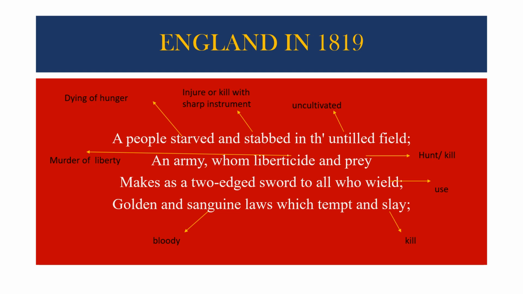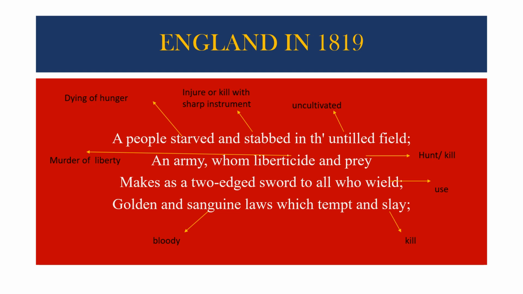Not only protect its people, but the rights of its people and the liberty of a nation and the liberty of the people of that nation. But what is that army doing here? An army whom liberty side and prey. Liberty side, murder of liberty, like matricide, murder of mother, patricide, murder of father. So again, liberty side means murder of liberty.